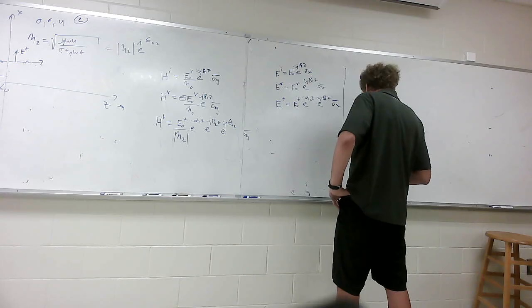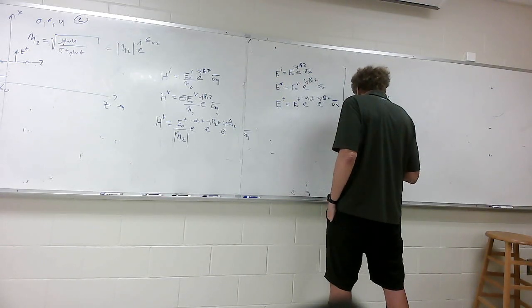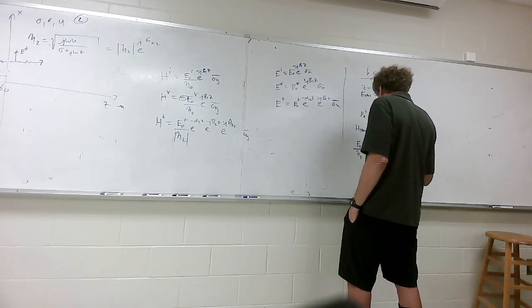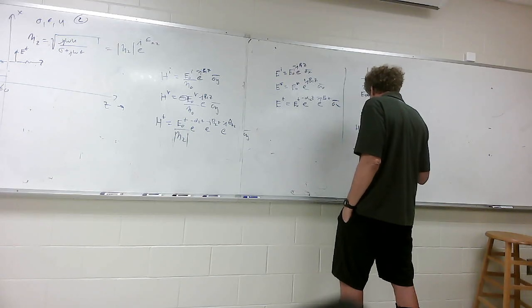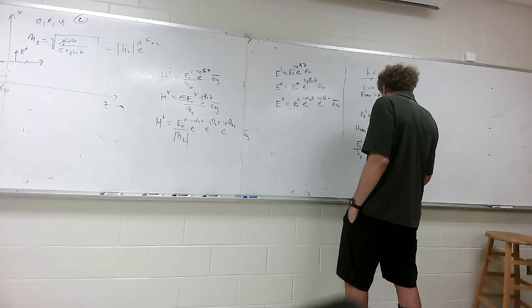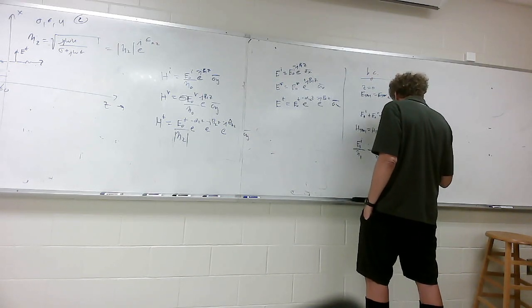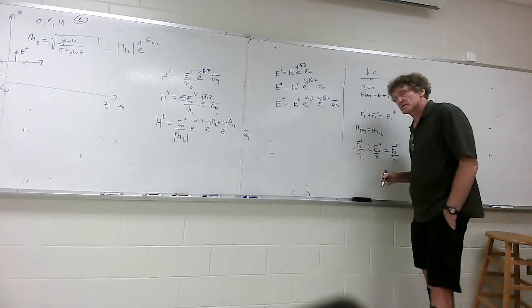As a matter of fact, I'll put it as eta 1 because that way it'll open it up. Minus E naught reflected over eta 1 is equal to E naught transmitted over eta 2. Can you all see this, class?